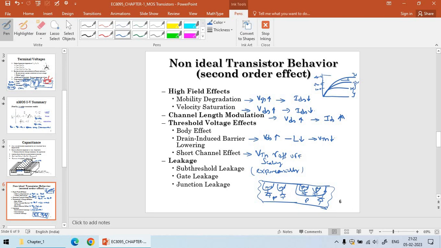So when you take a processor where there will be millions of transistors, these diodes are parasitic, and they will normally be reverse biased. The leakage current will be more in the case of a processor where billions of transistors are present in the same substrate.